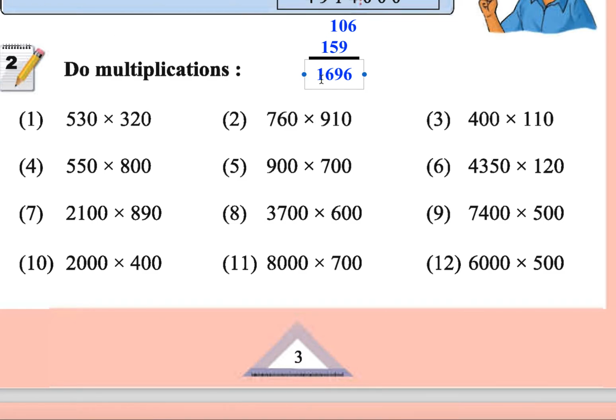Now you just copy 1696 from there. Is this the answer? Yes. This is 53 into 32. There are again two zeros. Append two zeros here. Right. This is the answer.